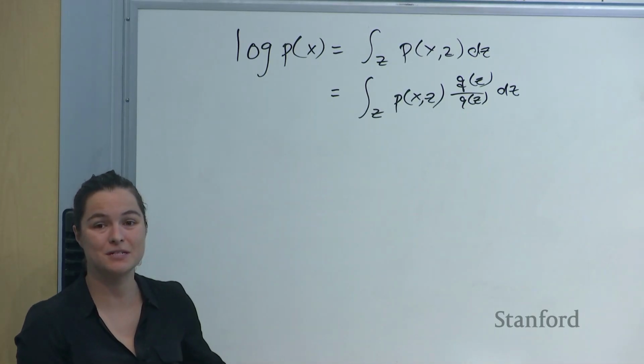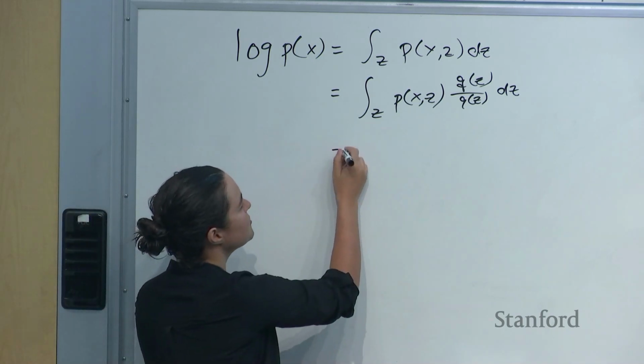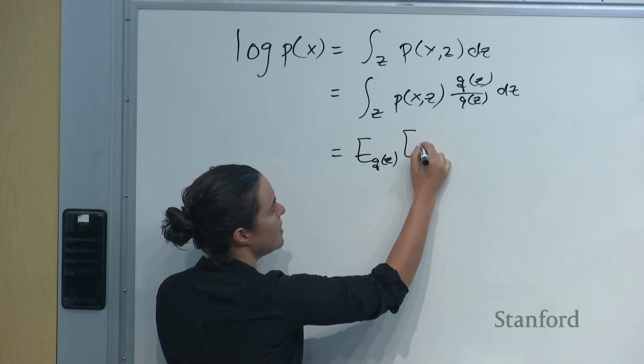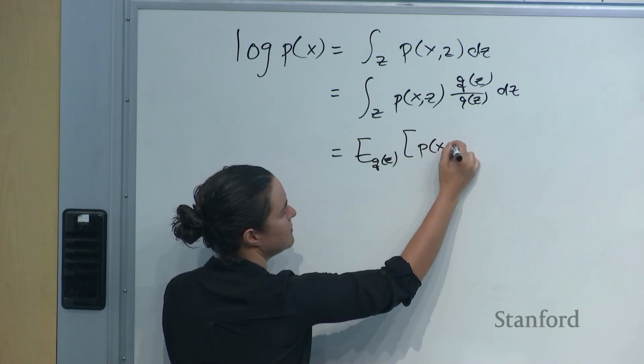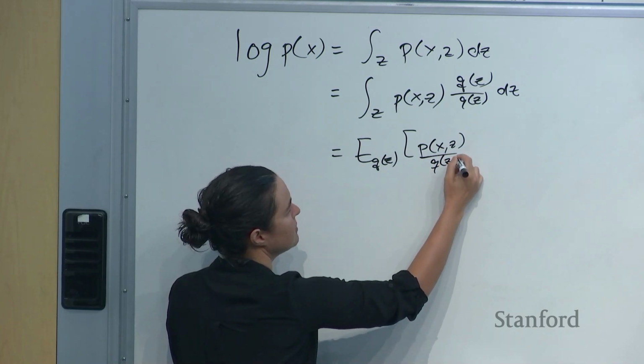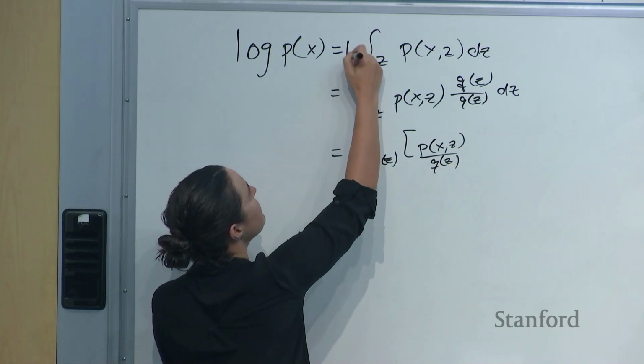So this is equal to an expectation with respect to Q of z of log of P of x comma z divided by Q of z. Oh, I'm missing the log here, sorry.